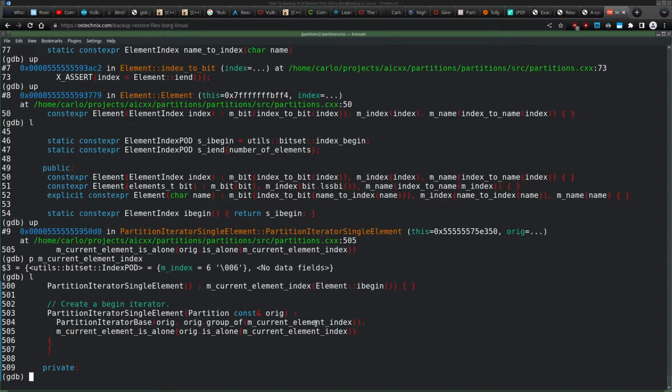Why is mCurrent index end here? Well, I mean, I don't care, but I think the reason that this suddenly starts to fail is because I removed resetting this thing to the begin value. Until before it would perform this on 0 instead of on 6, but it still doesn't make any sense, of course.